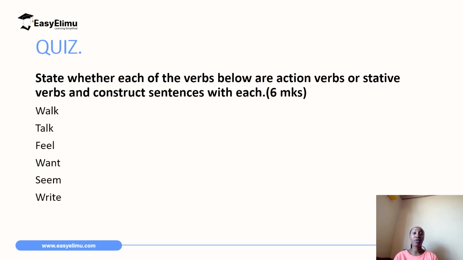So that's it for action verbs and stative verbs. I hope you've understood and that you're able to distinguish action verbs and stative verbs.